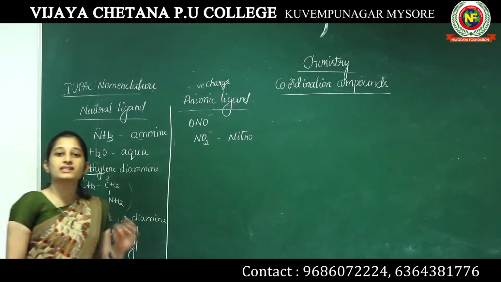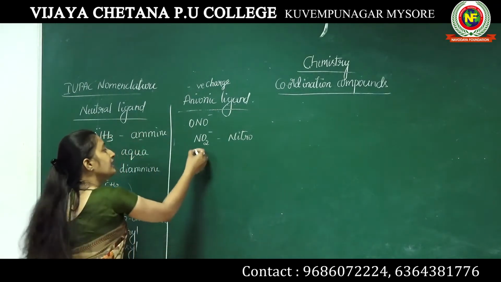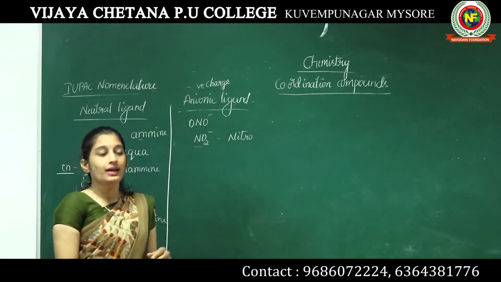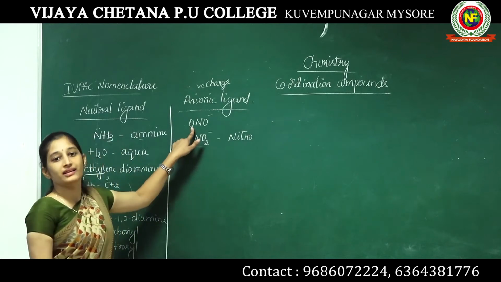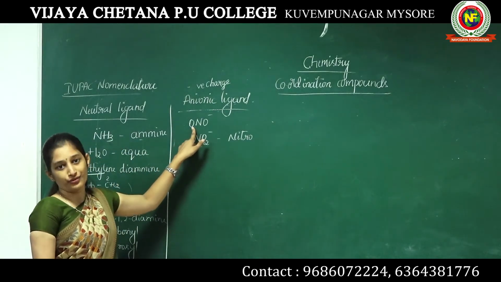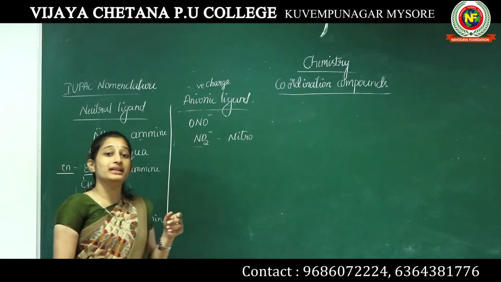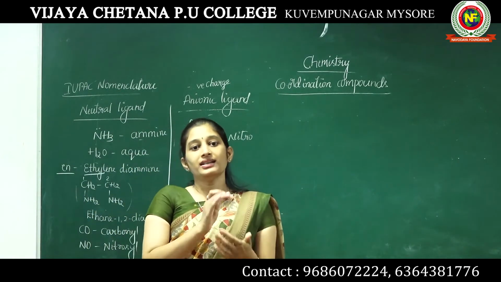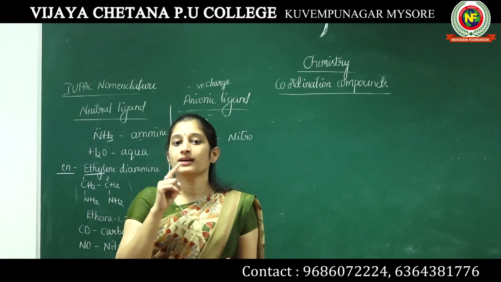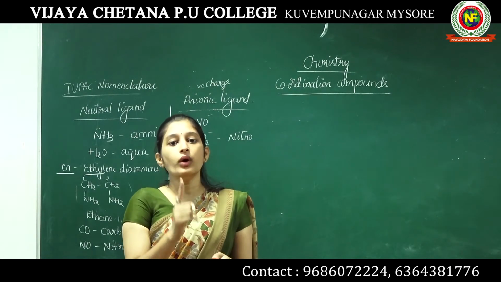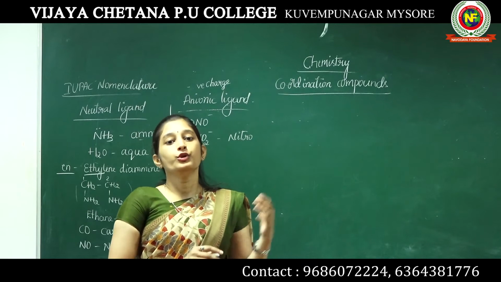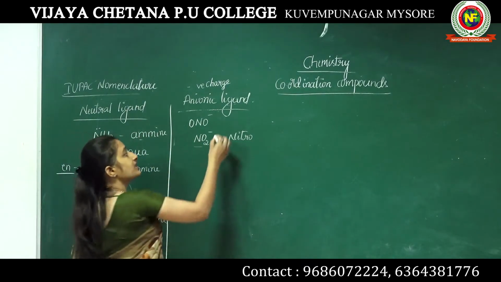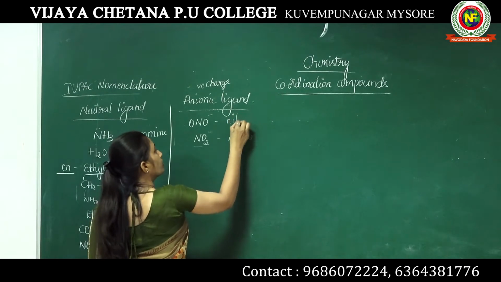Both are the same, but in one the nitrogen donates the electron, while in the other the oxygen is mainly responsible for the donation of electron. That is an ambidentate ligand. Both contain the electron, but at a particular point only one atom or one group will donate the pair of electron. That is an ambidentate ligand. Here this one is nitrito.